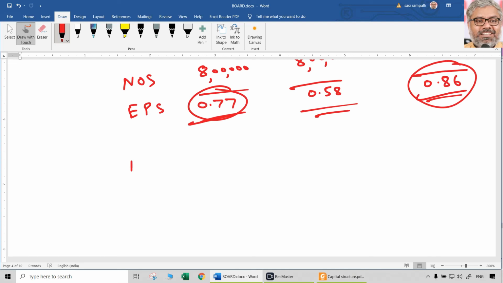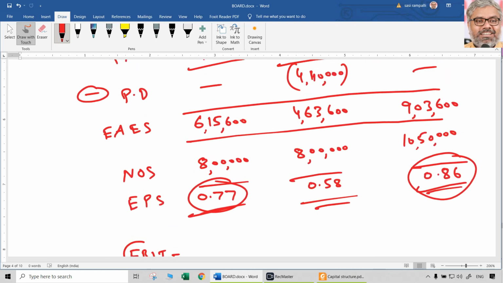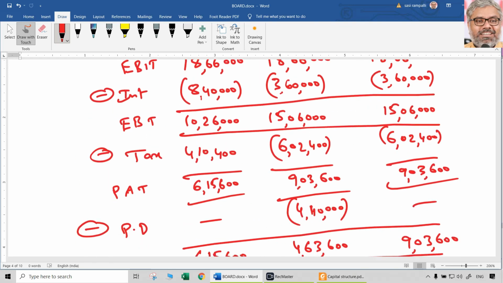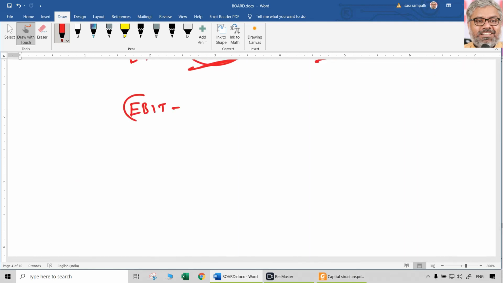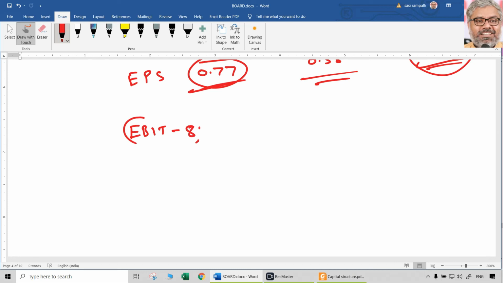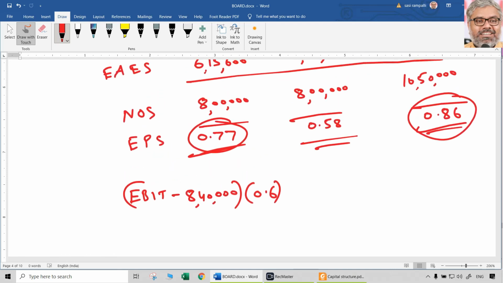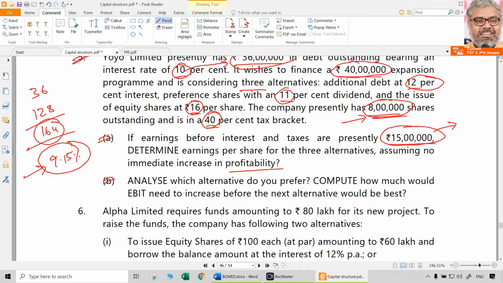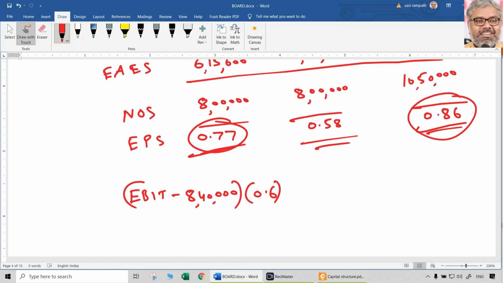Let us calculate that. EBIT minus interest 8,40,000, into 1 minus tax rate. Tax rate is 40%, so 0.6, divided by number of equity shares 8 lakhs.